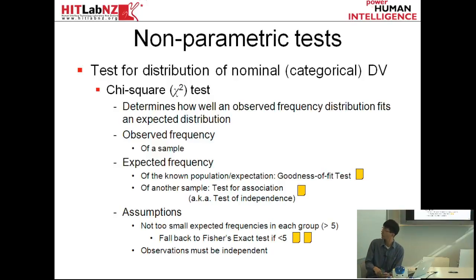But if you had two small samples and ended up with only 3 in some of the cells, then the chi-square test might not be applicable and you might have to fall back to the Fisher exact test.